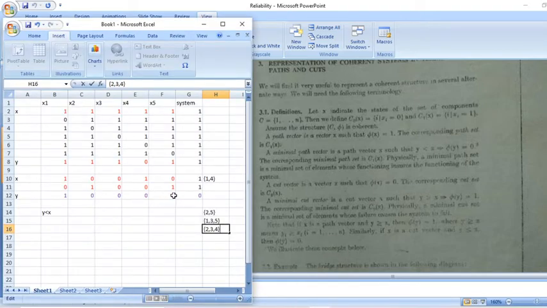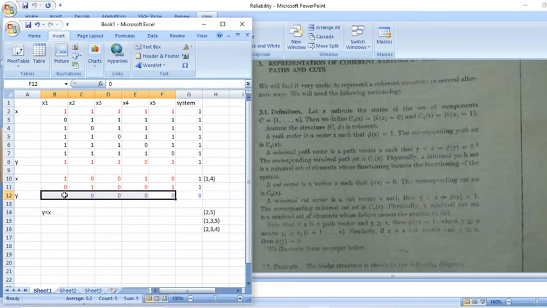Let us consider the example. This is a cut vector. When we put this into phi, we get 0. Similarly we can find several combinations of x1, x2, x3, x4 such that phi of x equals 0, and those are all cut vectors.